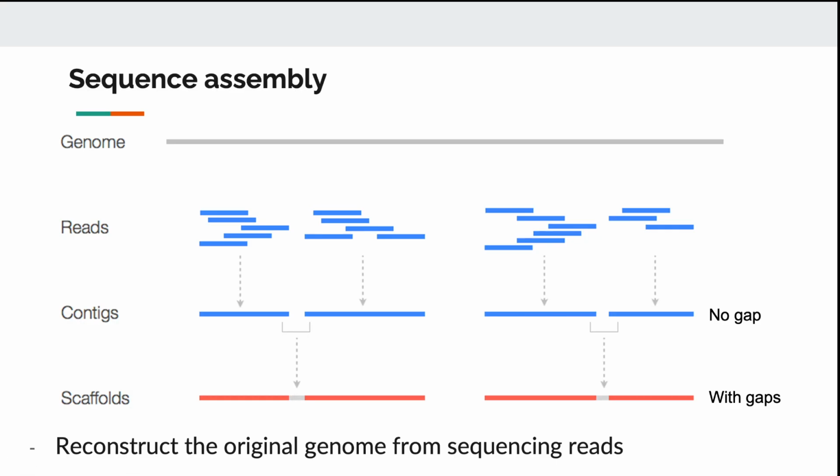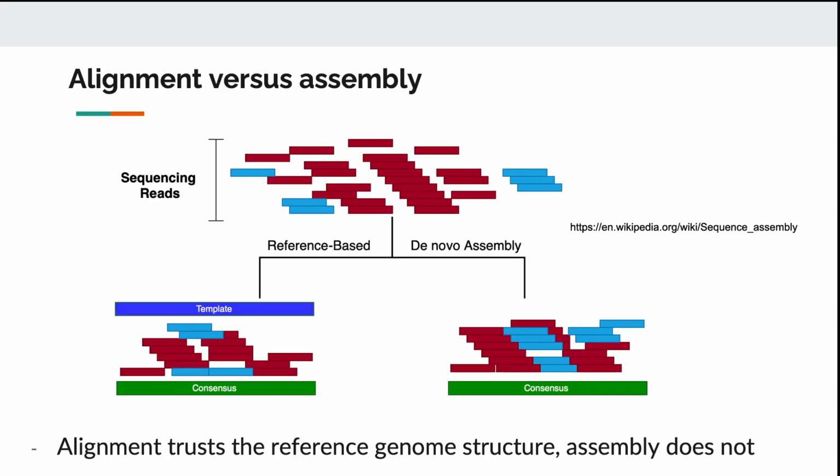But essentially, the goal of assembly is to reconstruct the original genome as much as possible, starting from the sequencing reads. Compare this to what we learned last time, sequence alignment. We have a template, which is the reference genome, and we align each read to the template.